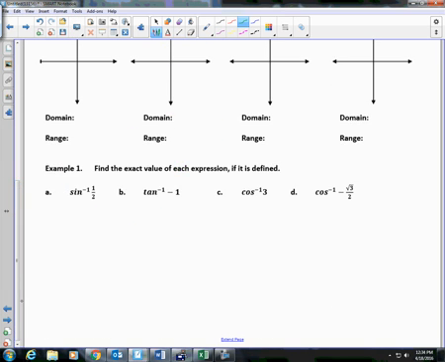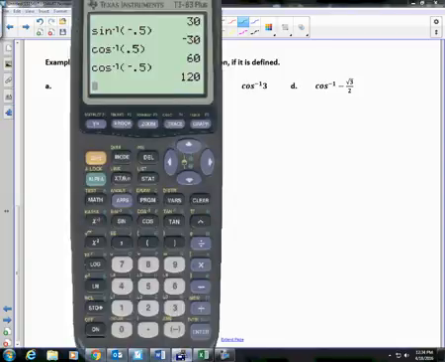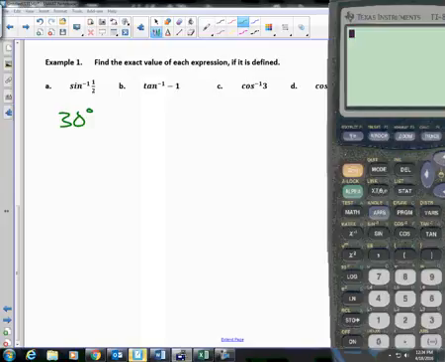What I do need you to be able to handle is this. I need you to be able to plug these values into your calculator. So sine inverse of 1/2. We go to our calculator. We just did it. Sine inverse of 1/2 is 30 degrees. If you were to write it in radians, it would be pi/6.